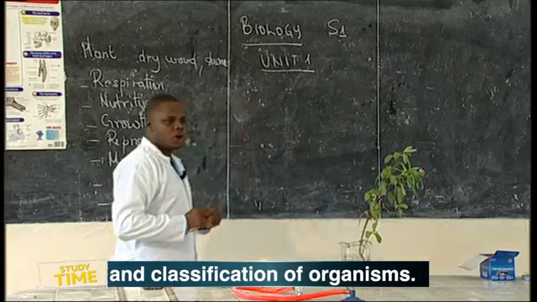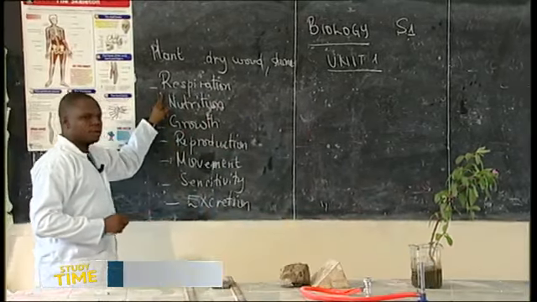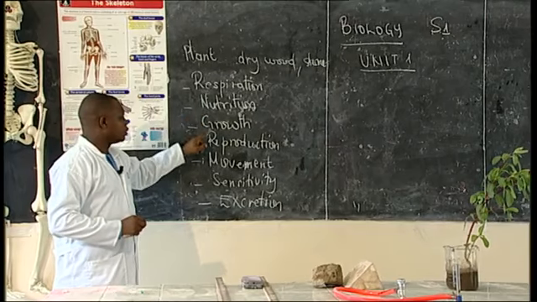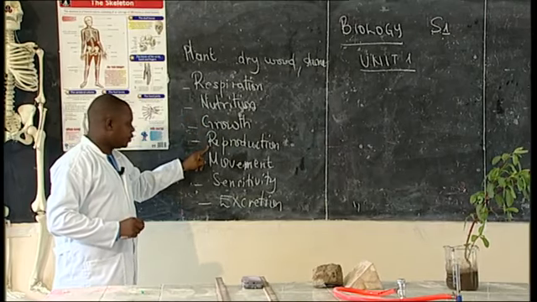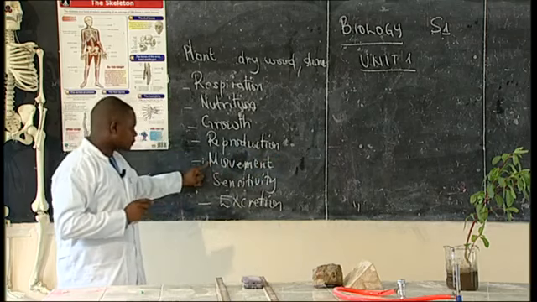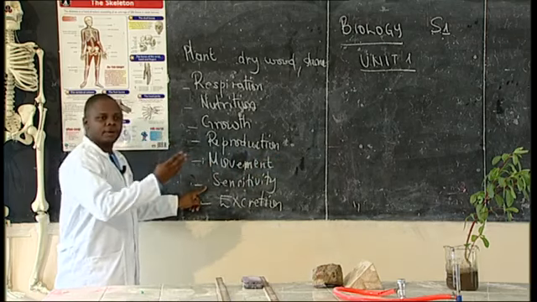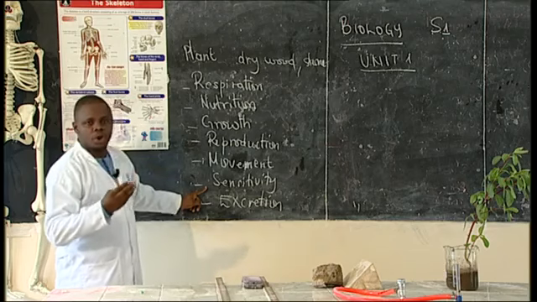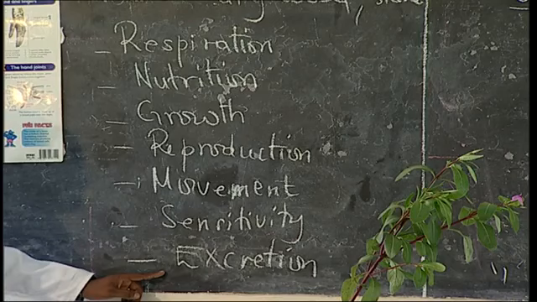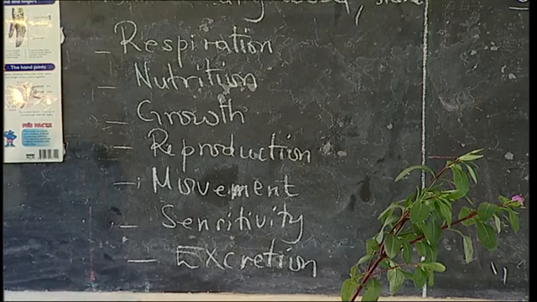So living organisms are able to respire, to feed, to grow, reproduce, move from one place to another, sense the environment, whether it is hot or cold, and excrete. When we say excretion, what does it mean?